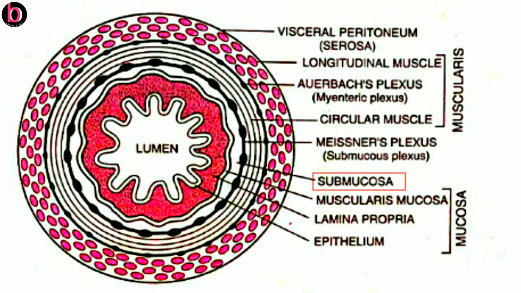Here in submucosa, there is a network of nerve cells plus sympathetic nerve fibers, and the association of both is known as Meissner's or submucosal plexus. This plexus is for regulation of intestinal secretions.